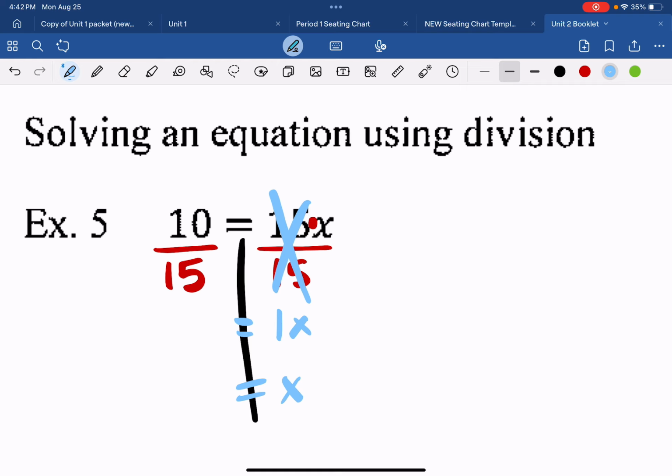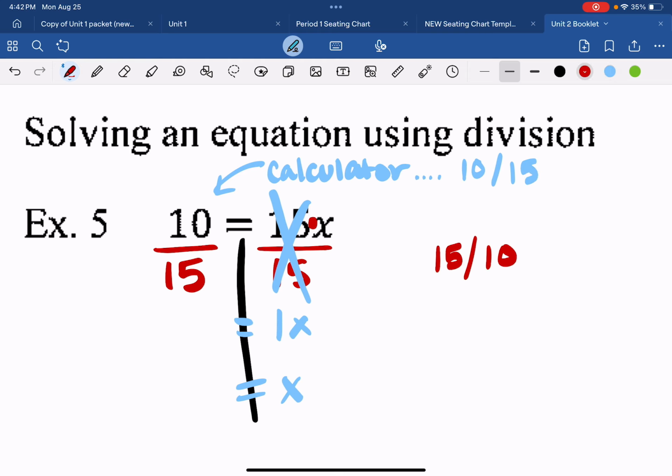On the other side, just use your calculator, okay? But in your calculator, do not fall for the trick, okay? We need to do 10 divided by 15. A lot of kids will see that 15 is bigger, and they'll automatically just type 15 divided by 10. That is not what this problem is.